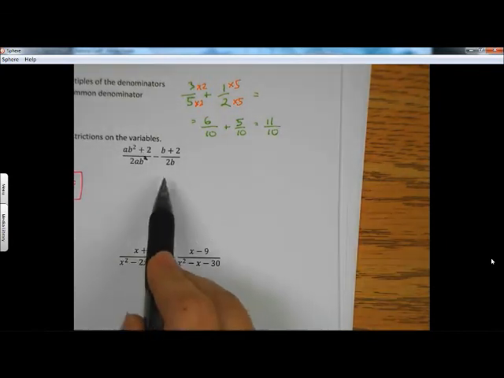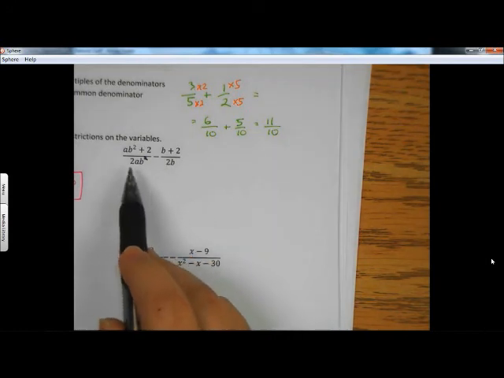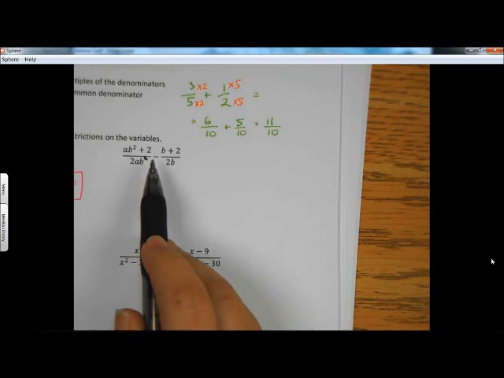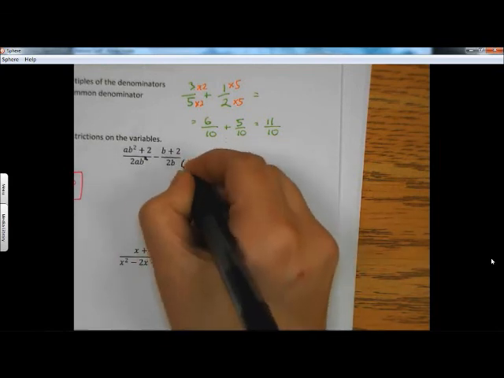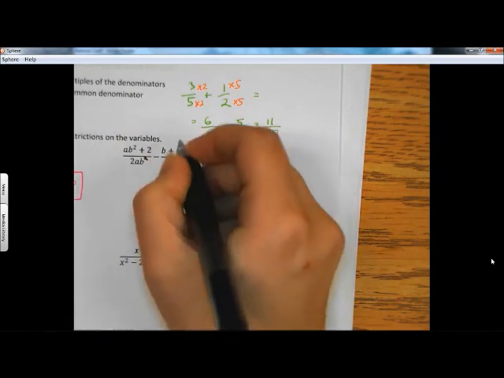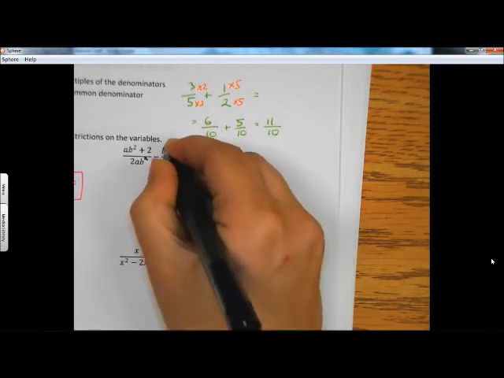Well, is there anything that I can multiply this by to get to this? I'm missing an a, and I'm missing one of the b's. So if I multiply this by a times b, I'm going to get the same thing here. If I do it to the bottom, I got to do it to the top.